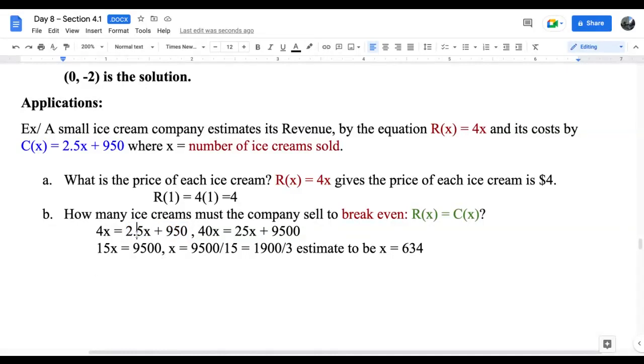Sometimes we don't like to deal with decimals, so we can multiply everything by 10. 4 times 10 is 40x. 2.5 times 10 is 25x. 950 times 10 is 9,500.